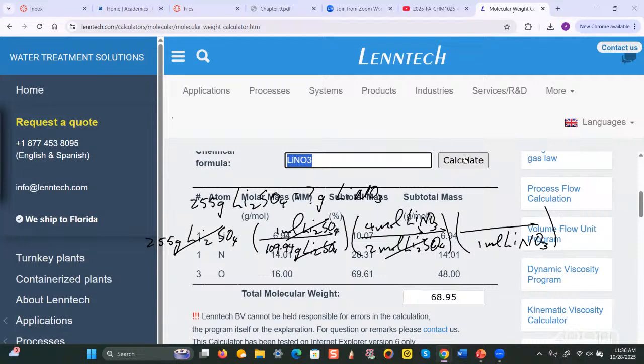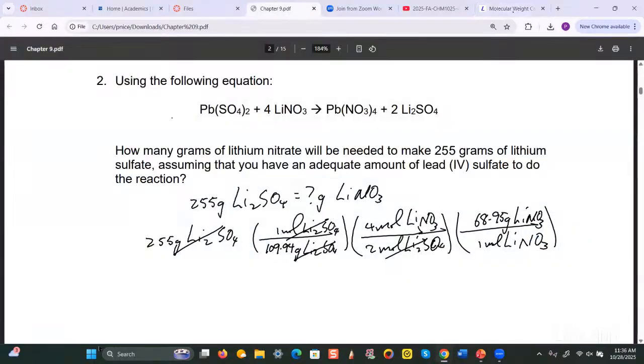And according to this here, the answer is 68.95, so that goes here. 68.95 grams of LiNO3, okay? So this unit will cancel out with that unit, all right?